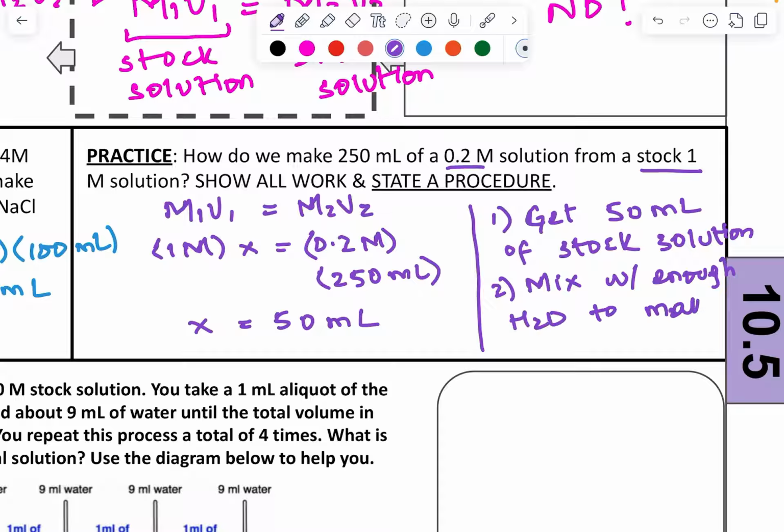So the key thing here is we always add the solute first, and then we figure out how much water we can add to make the diluted solution.